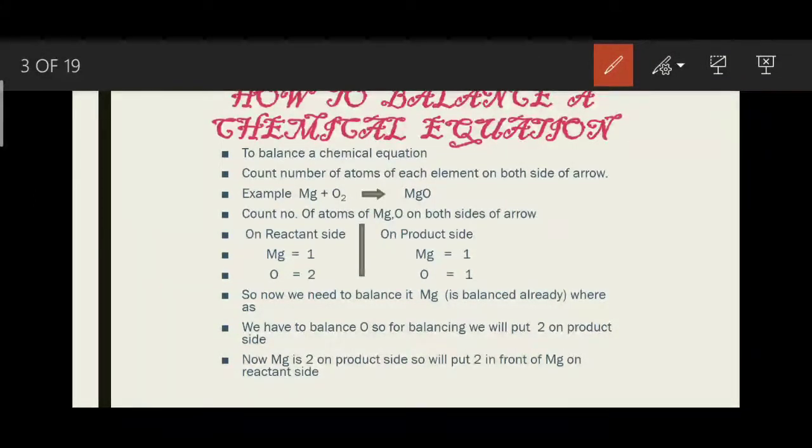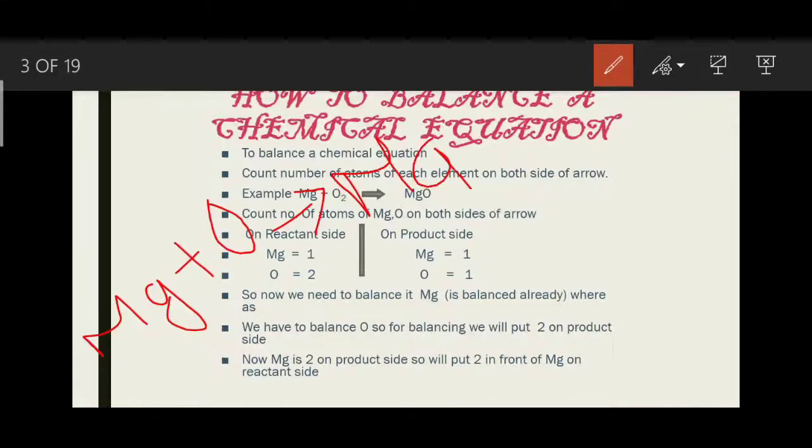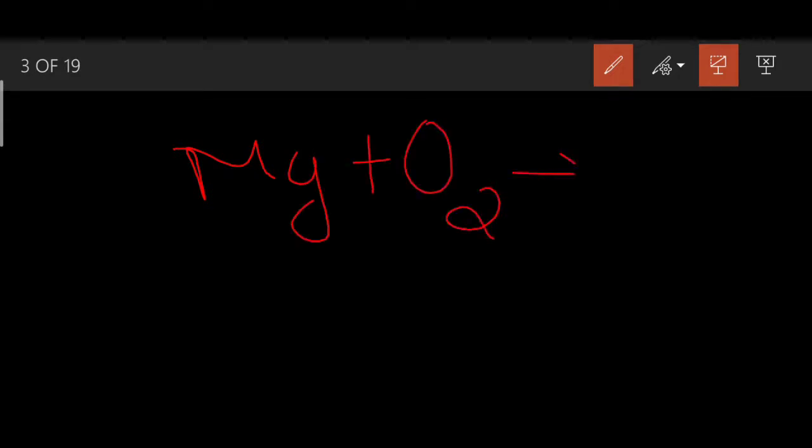We will not balance the equation like this. This equation is given to us, Mg plus O2 gives us MgO. We will not put 2 in between to balance oxygen. No, we will write Mg plus O2 gives us 2 MgO.